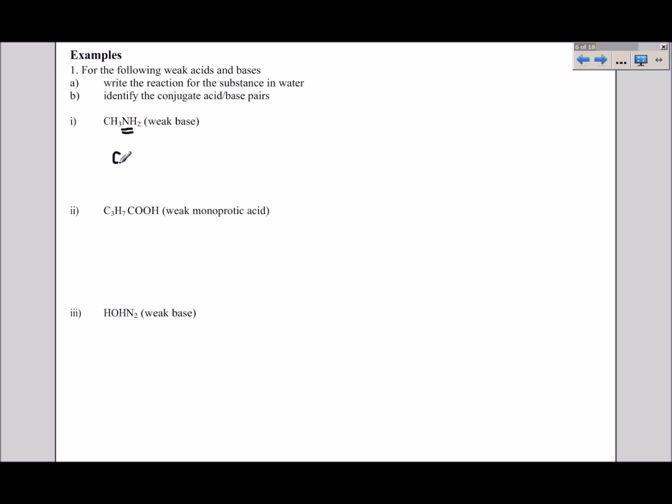So when we want to write the reaction of the base and water, we simply write the formula plus the H2O. Now, although it's more advanced than we want to discuss at the moment, you're going to draw this type of arrow, a reversible arrow, when we write these reactions.